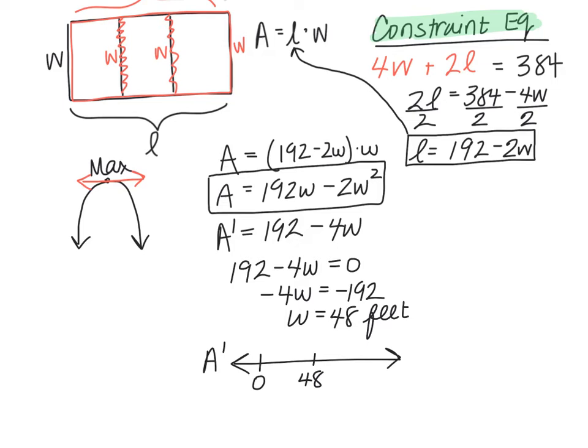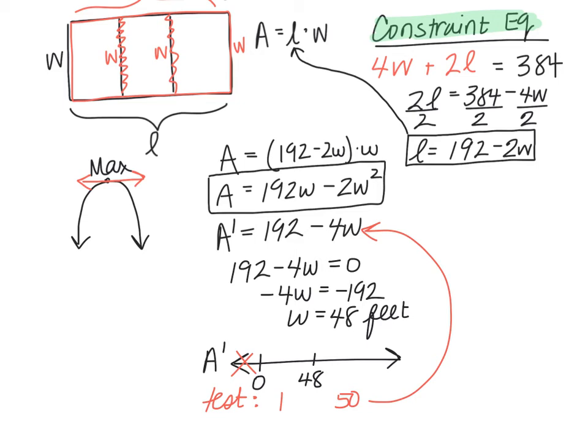So I sometimes like to put that restriction on my number line and just put an X there, so I remind myself there would be no need to test any values smaller than 0. So I would test some value in between 0 and 48, perhaps 1. And then I could also test a number larger than 48, like 50. And then remember, these test values are coming back into our derivative, so we can figure out the sign of the derivative.